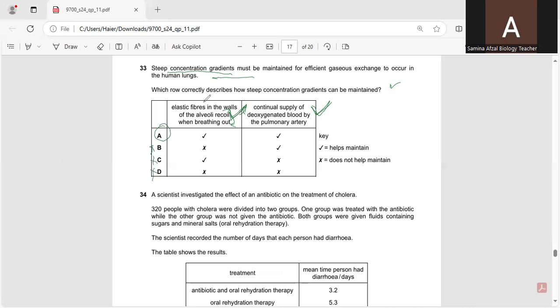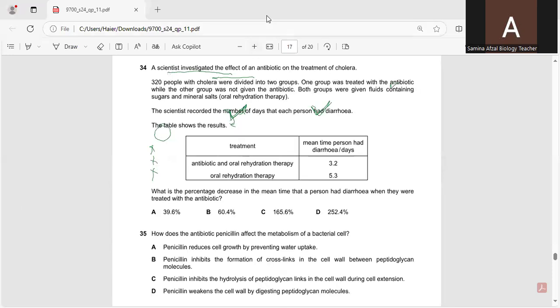Now question number 34. So question number 34 is, a scientist investigated the effect of an antibiotic on the treatment of cholera. 320 people with cholera were divided into two groups. One group was treated with the antibiotic while the other group was not given the antibiotic. Both groups were given fluids containing sugar and mineral salts.